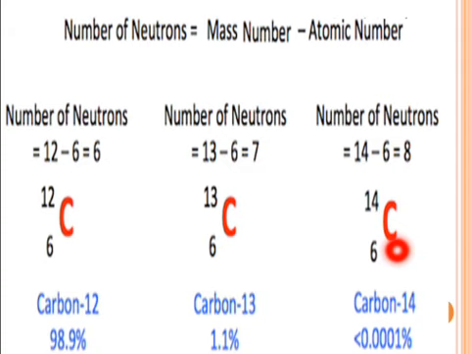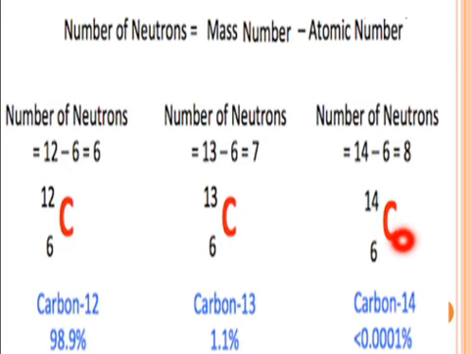So atoms of the same element having the same atomic number have identical chemical properties, whether it is carbon 12, carbon 13 or carbon 14. The chemical properties of all three isotopes of carbon are the same.